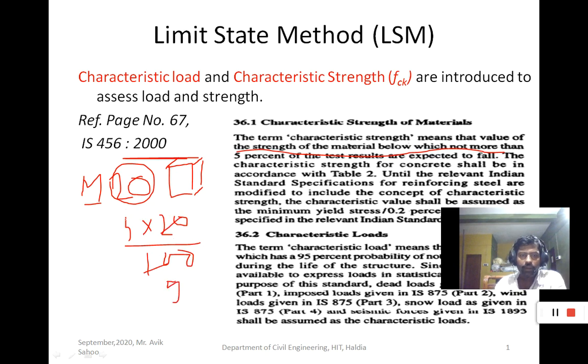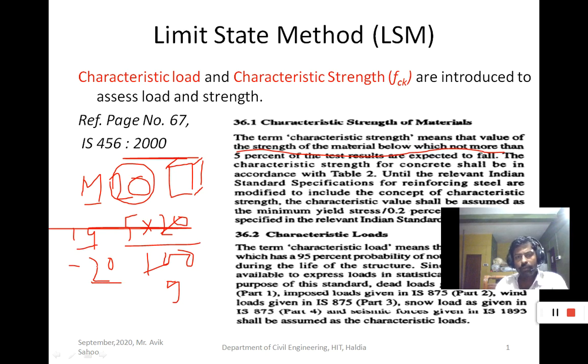So 5% of results are expected to fall as per the definition. It means the test results must be within 19 to 20, then we achieve the strength, and we get the appropriate grade of concrete.